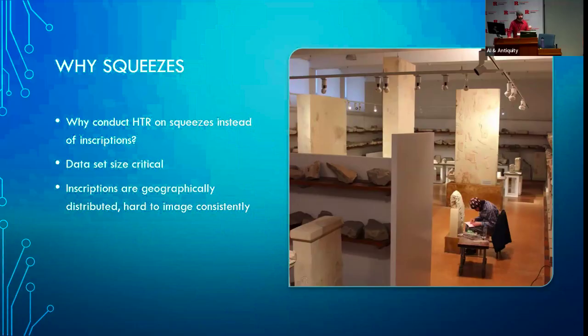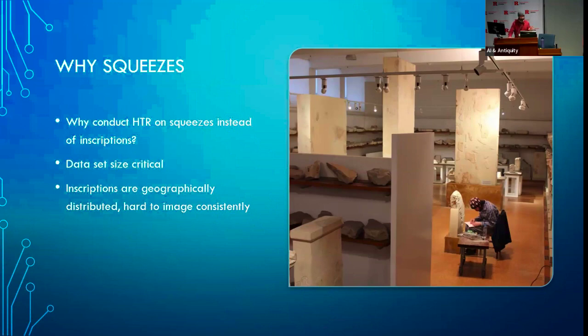So it is very difficult to consistently and in a high quality manner image stone inscriptions. Right? This is an image that you see on the screen here of me at the Epigraphic Museum in Athens. And it's a good reminder that not only are inscriptions, even when they're fragmentary, generally attached to 20+ pound pieces of marble, but they are not infrequently immured in concrete or attached to the floor in museum settings.